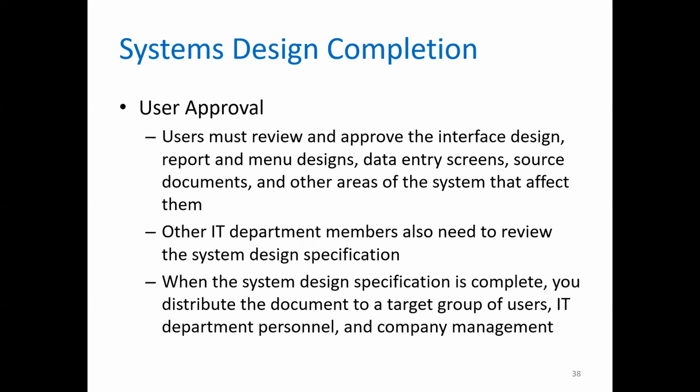When the system design specification is complete, you distribute the document to a target group of users, IT department personnel, and company management. For the entire organization to work effectively and cooperatively, each user needs to go through the design and system components before it is being implemented. This is to ensure that each user takes ownership of the system and works productively.